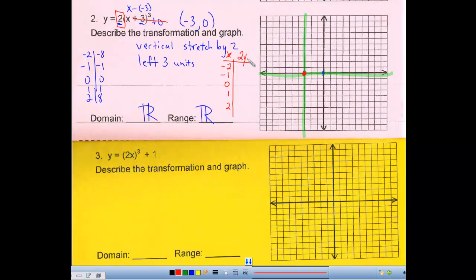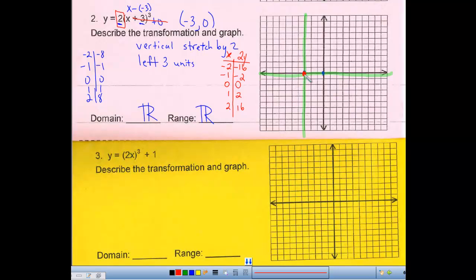All I am looking for is how much my X and Y are being multiplied by a number, and if it's a reflection. So let's multiply all the Y's by 2. This is negative 16, negative 2, 0, 2, and 16.